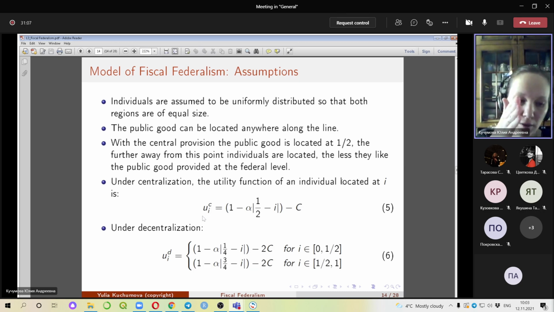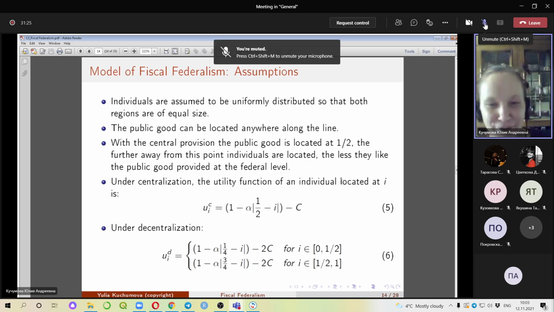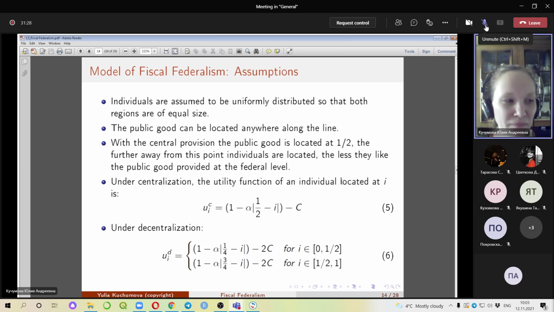A house is built there, and then the neighbor house is right next to it, because there is a continuum of points. It's a little bit difficult to give real life examples, but it's like people live next to each other on the line.